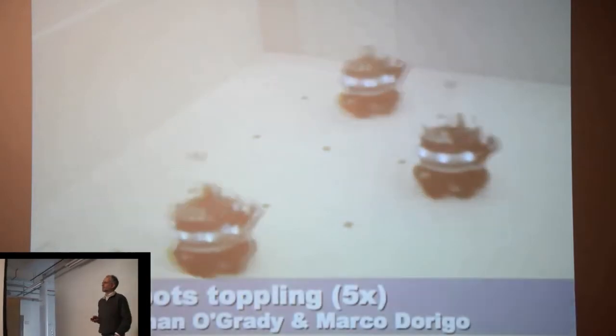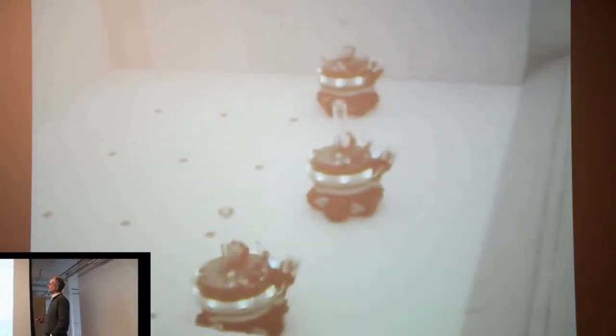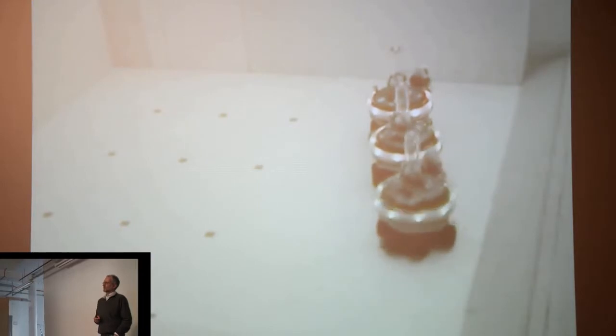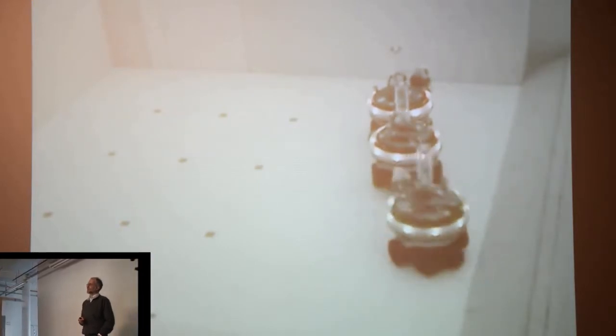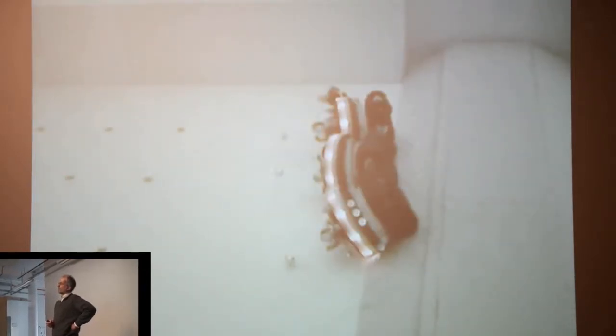Unfortunately, this type of solution is not very robust because you see in a moment you have three robots, they start the self-assembly. They self-assemble, but we don't have, in this case, any control on the number of robots, not even on the morphology.